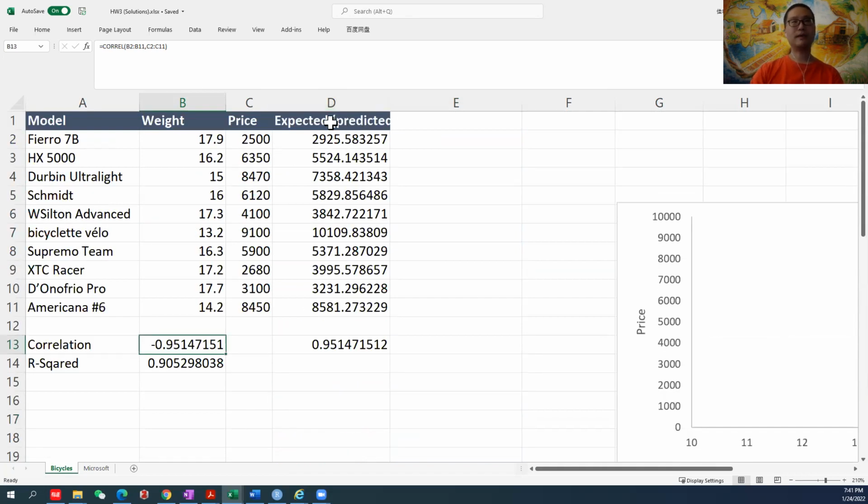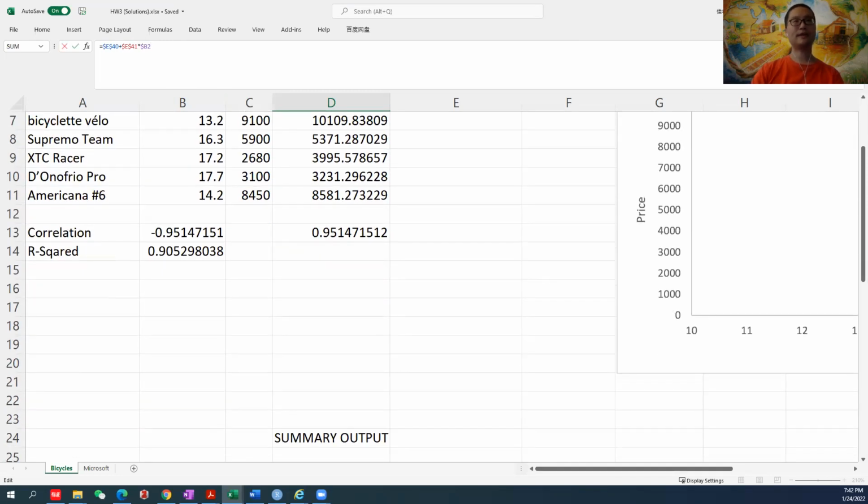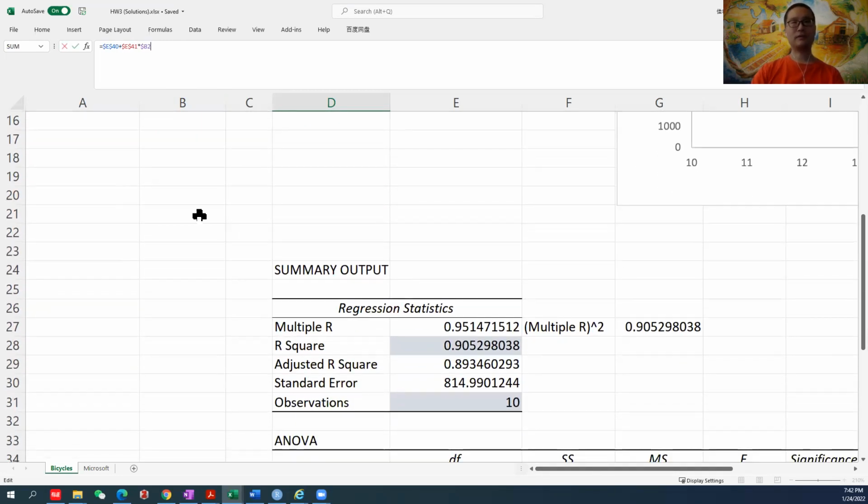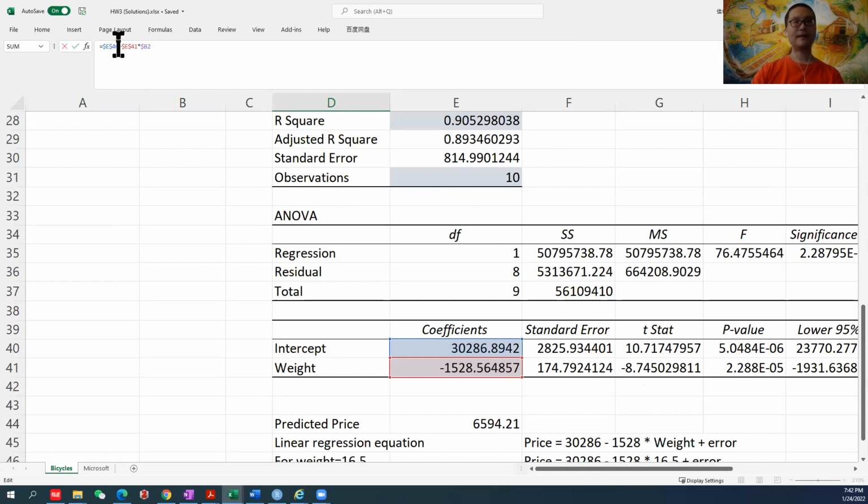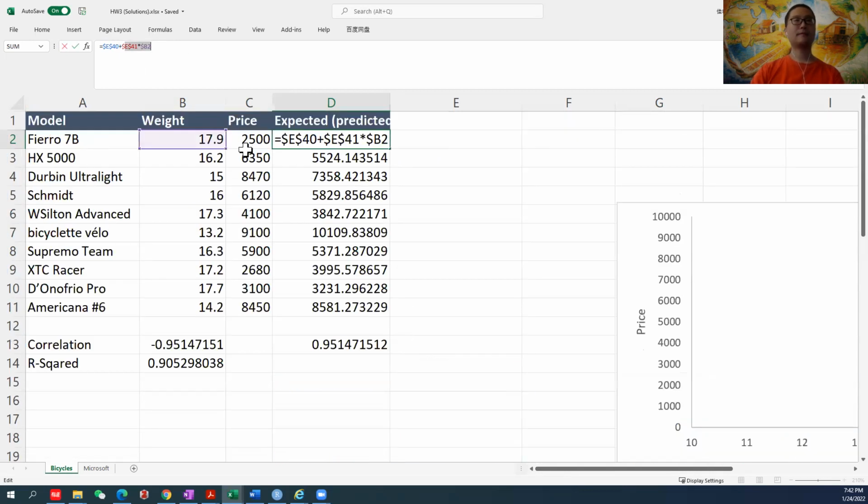So first, we make expected or predicted values of price using the model that we already estimated. For example, for the first item, Faro 7B, we predict the price based on the weight using the same way we did for part F. We basically add the intercept and the coefficient times the weight that we want to predict from.